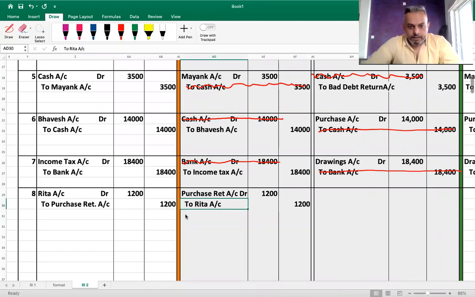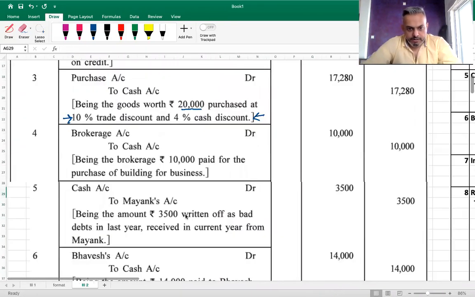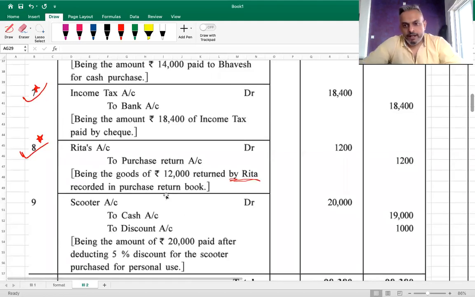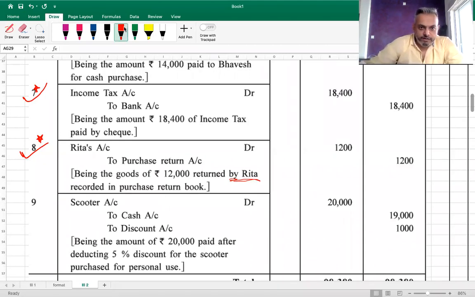Now correct entry. Goods of 12,000 returned by Rita. So here the amount is also wrong. I'll circle this amount, and sales return is wrongly recorded as purchase return.